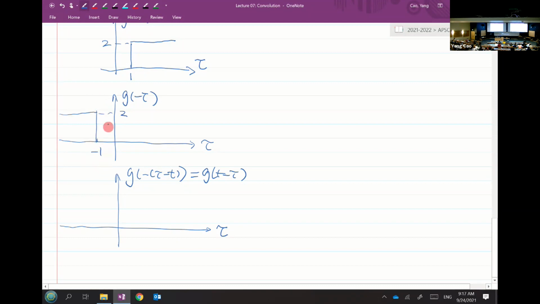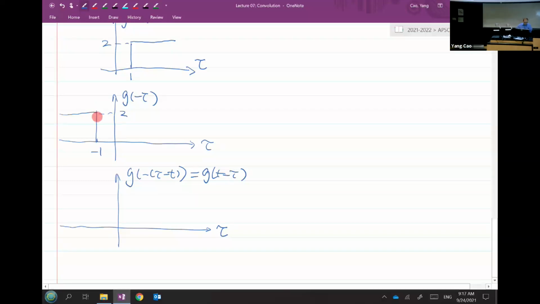So where will be the location of the edge? T minus 1, or -1 plus t. As we just did, if you shift by 2, you get -1 plus 2. Shift by 3, -1 plus 3. But I'm shifting by a general amount t, so it should be -1 plus t. I don't know what t is, so I'm going to arbitrarily draw the graph here at -1 plus t.